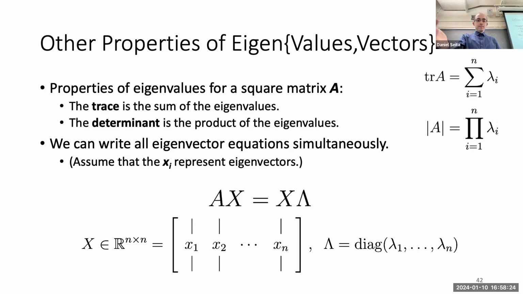And you can write out all the equations simultaneously. That's what's implied by AX equals X lambda. This is capital lambda, I think. By the way, whenever you see that symbol for a matrix, it usually means eigenvalues.